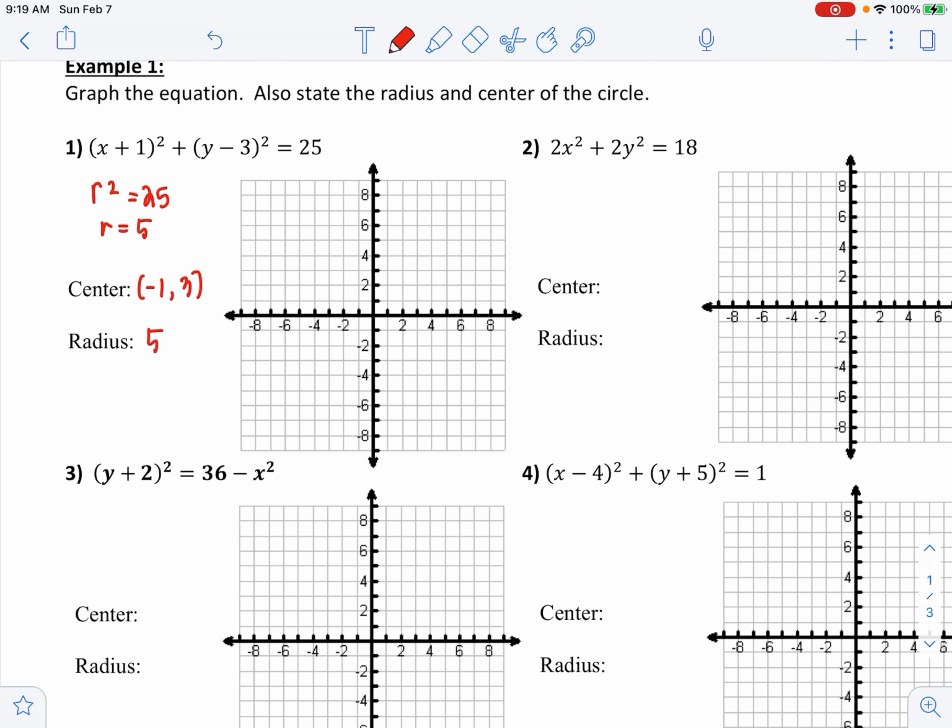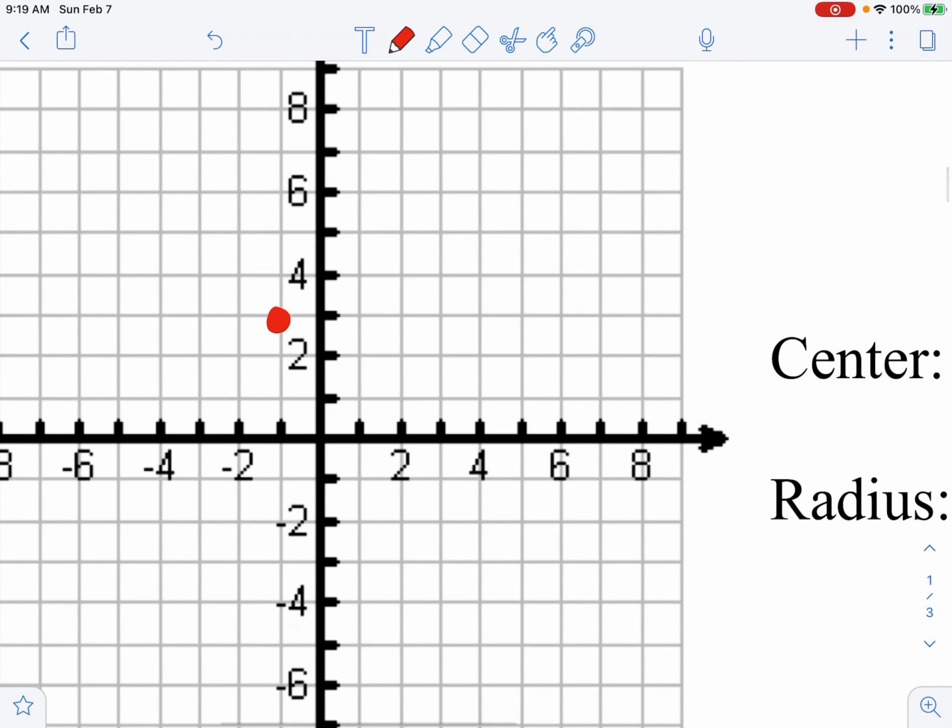Okay, now you're ready to graph your circle. You're going to graph negative 1, 3 as your center. Then for your radius, realize it's like having an a value of 5 and a b value of 5. So you go horizontally 5 from the center and vertically 5 from the center.